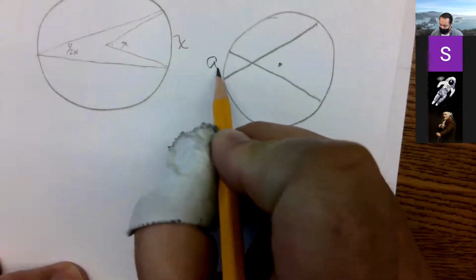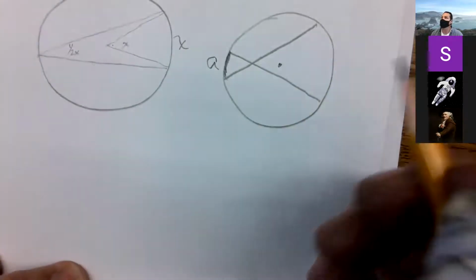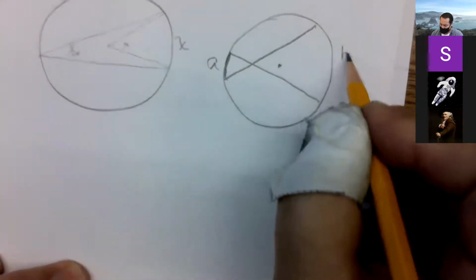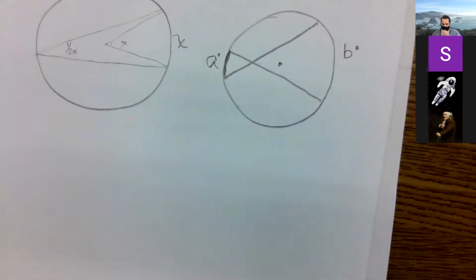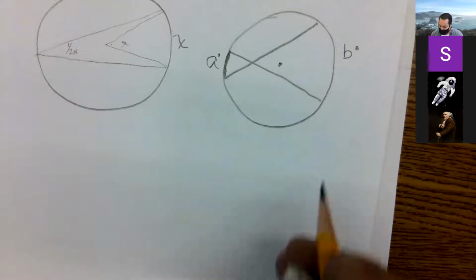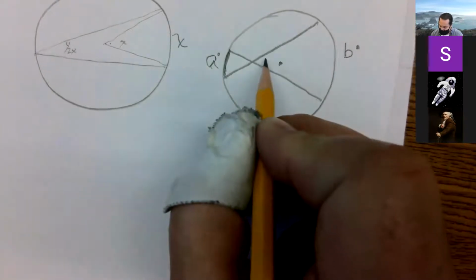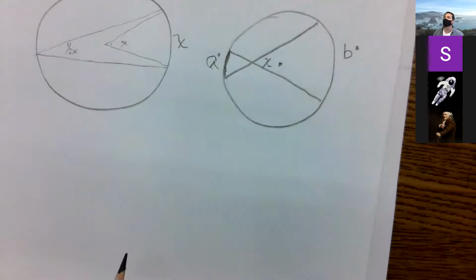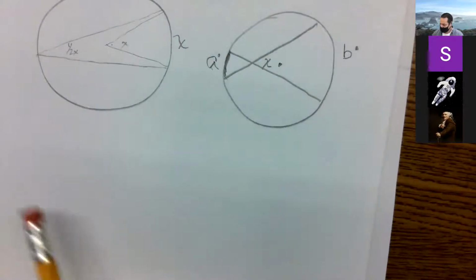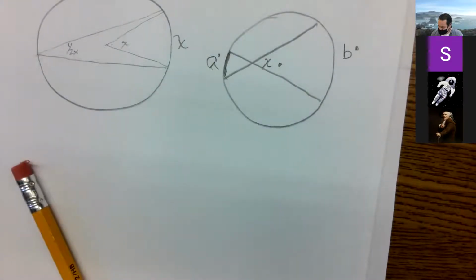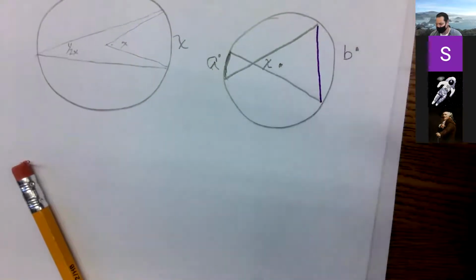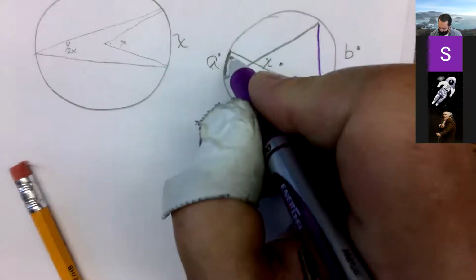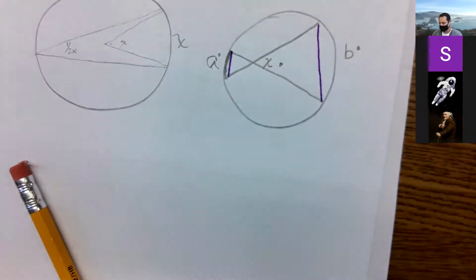I'm going to call this arc measure A, and this arc measure B. They're different values because I want to come up with a solution that works for everything. So I'm using two different variables here. I'll call this angle X. Now I'm going to connect these endpoints, and I'm going to connect these endpoints.